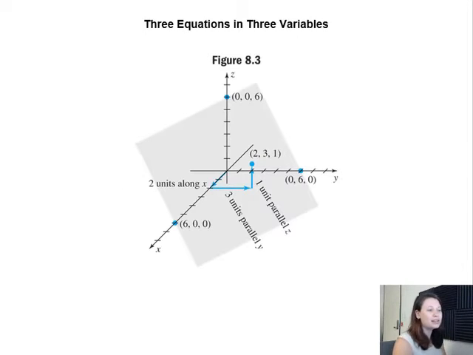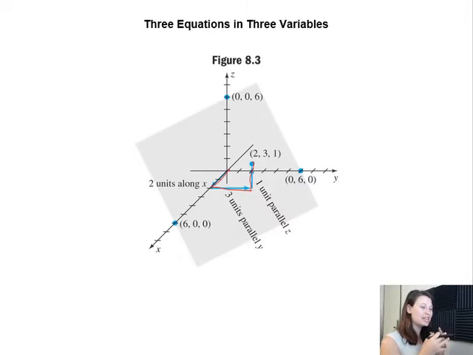That is in 3D, right? We have now x, y, and z. So we go out x, and then out y, and then up z. It's easiest if you look in the corner of a room.